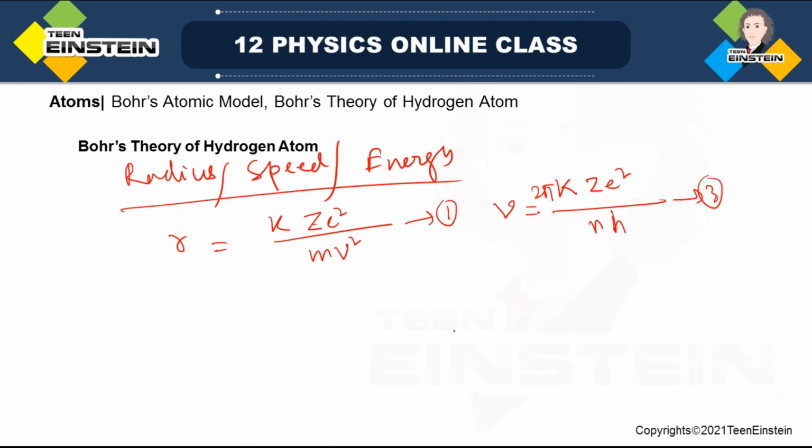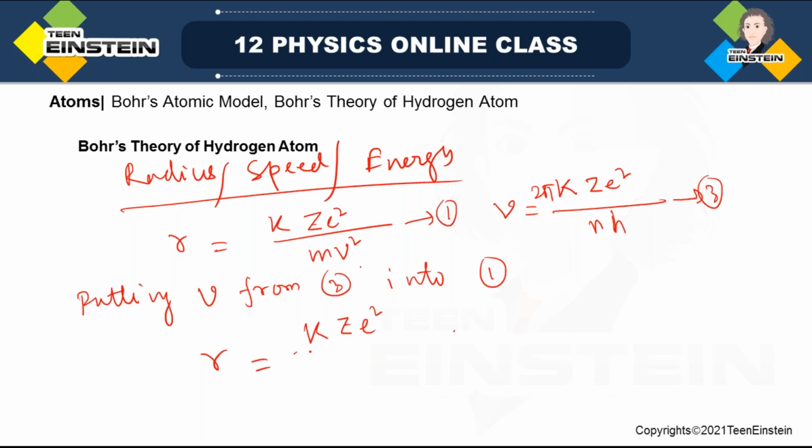Now if I put the value of the speed v from equation 3 into equation 1, what we will get is r equal to k z square already there, and then m into v square means you'll get 2 pi k z square by nh, whole square.